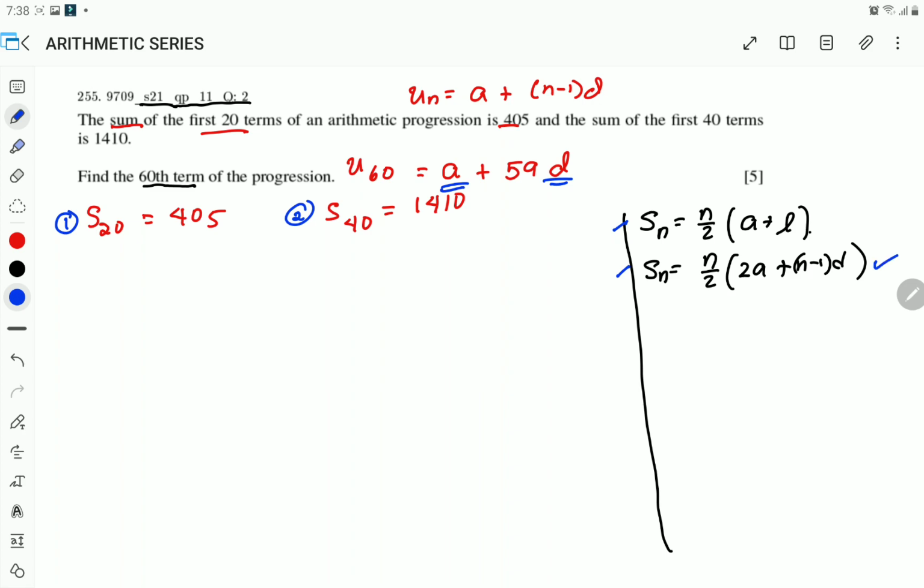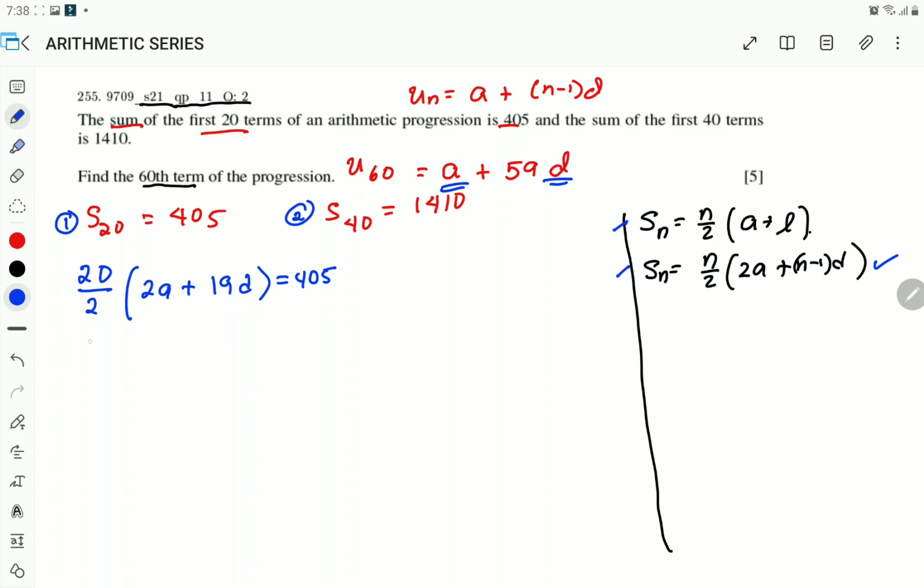So S20 is equal to 20, your n is 20, all over 2 times 2 times a, which we do not know, plus 20 minus 1, so that's 19 times d. That is equal to 405.